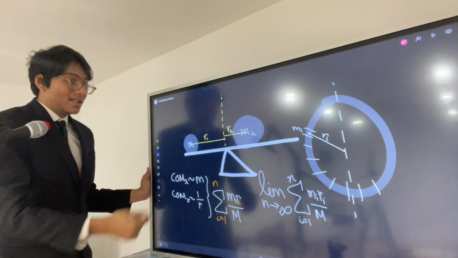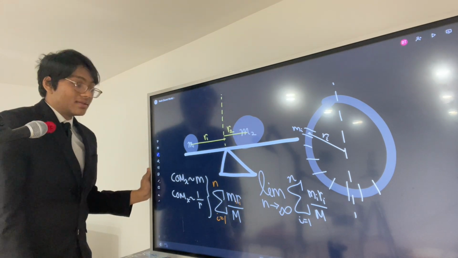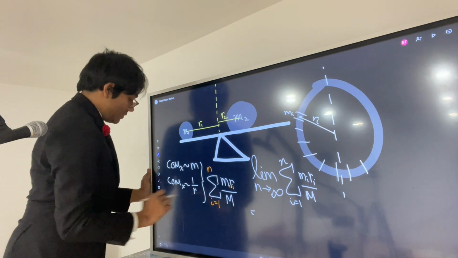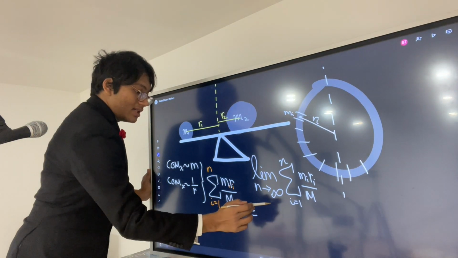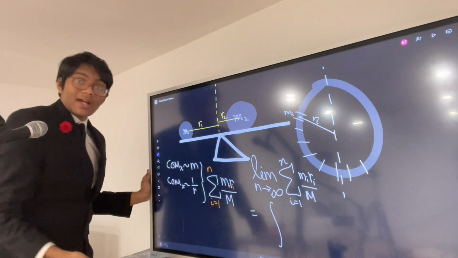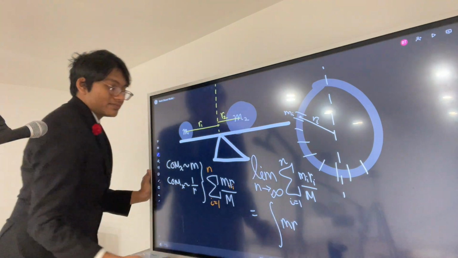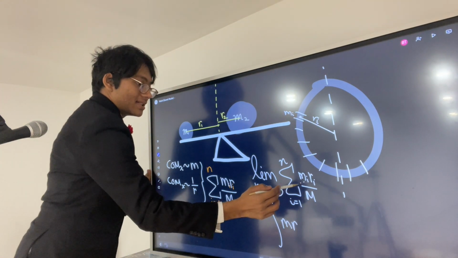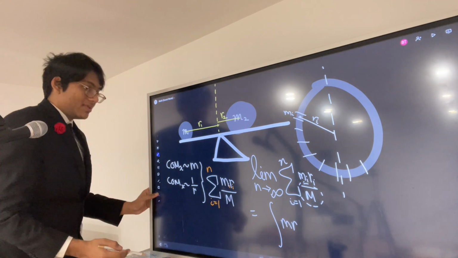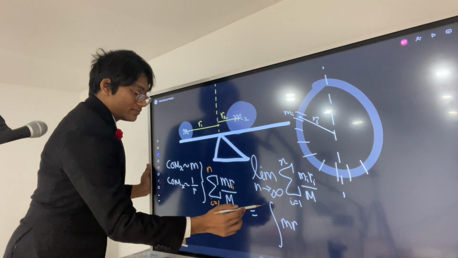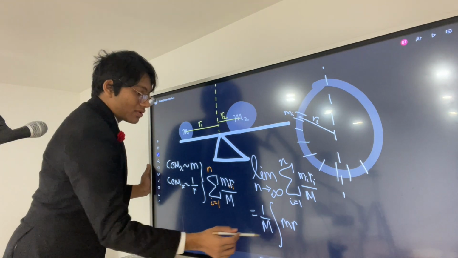So this little thing here is going to become an integral. It's going to become the integral of what's my mass? Well, we'll figure that out later. And times r, and don't forget this is a constant, divided by m, so we're going to pull that out just to make our lives a bit easier: 1 over the total mass.